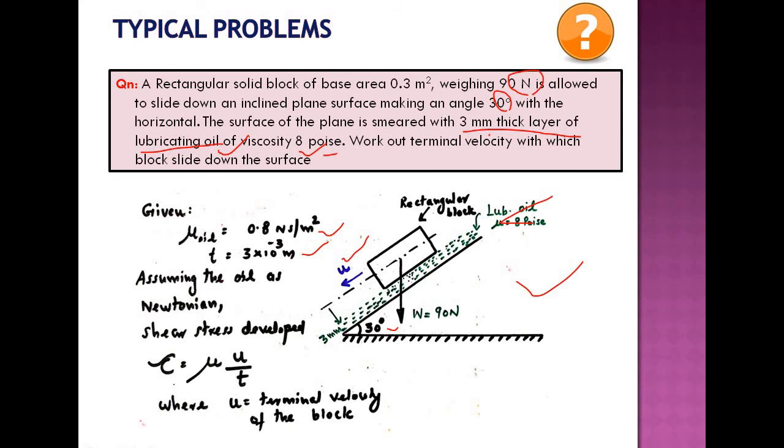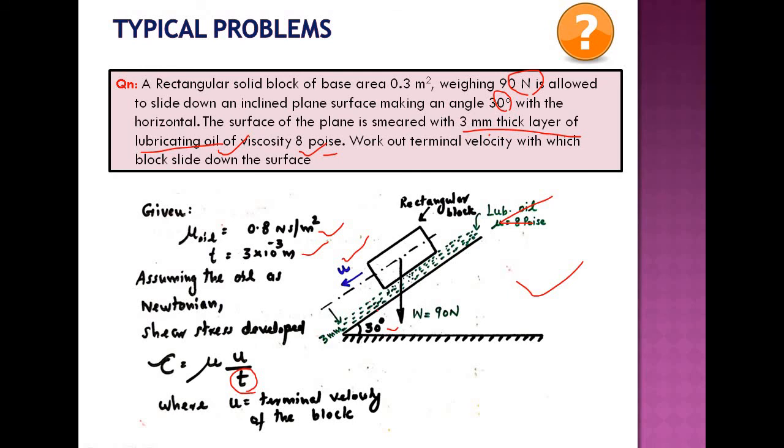How? Tau equal to mu into du by dy. So what is dy? This is the thickness of the oil film. So dy will be T. Okay, what is T? 3 mm. What is du there? Difference in velocity between the two ends of the oil film. So here, on the solid surface, the velocity is stationary.